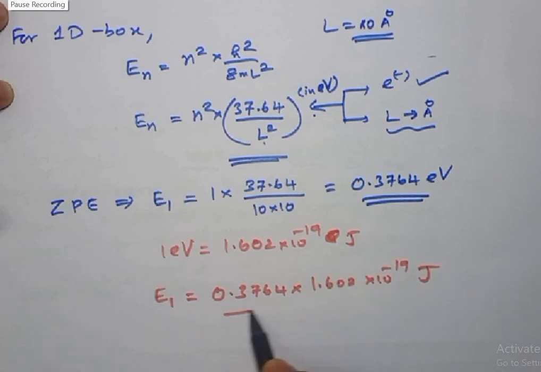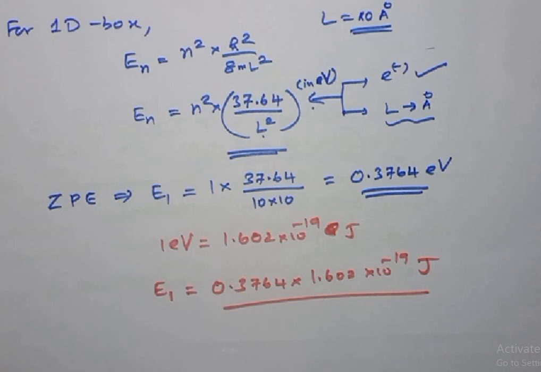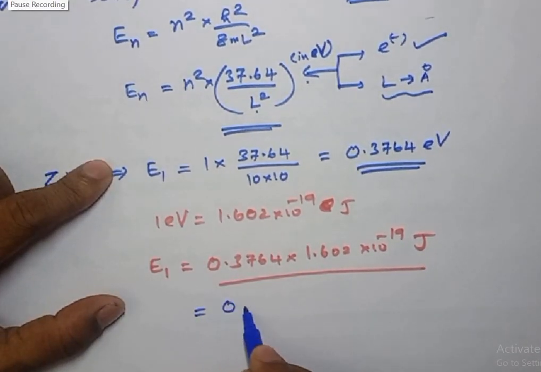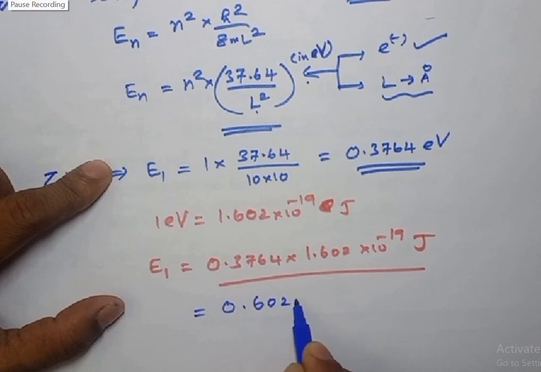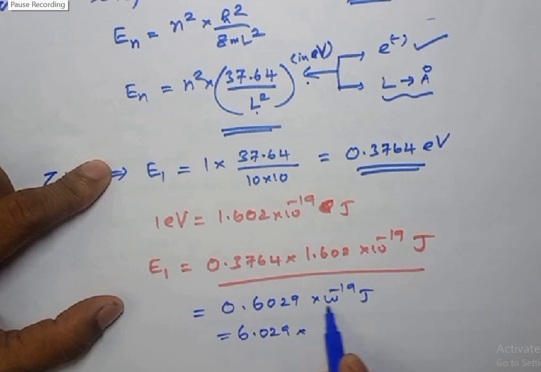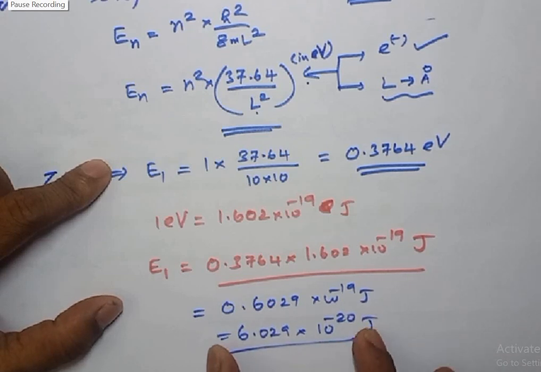You will get 0.6029 into 10 to the power minus 19 joule, or 6.029 into 10 power minus 20 joule. This is the corresponding answer in joule.